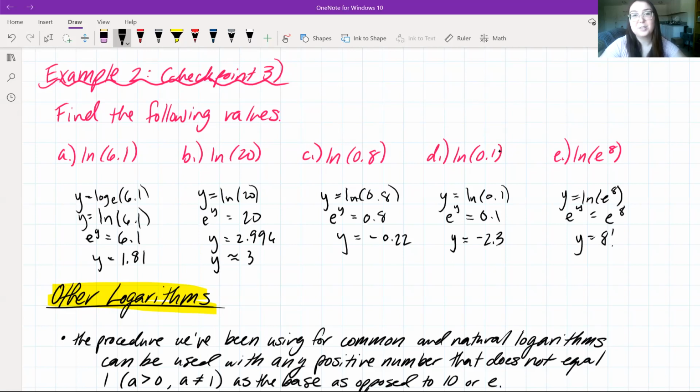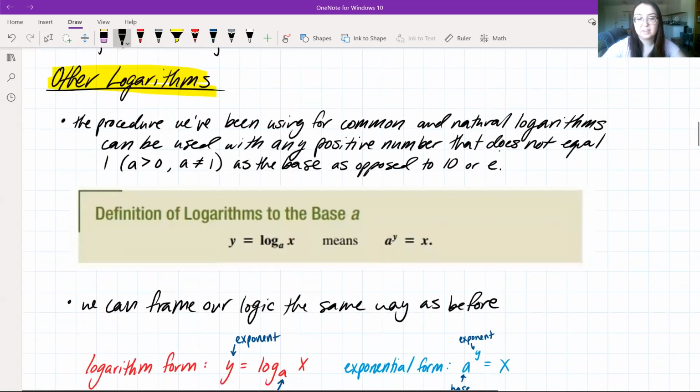Well, our answer is just going to be 8. Y is equal to 8. If it were the natural log of e to the 4th power, our answer would just be 4. And if our problem was the natural log of e to the x squared, we would just have x squared. So they essentially cancel each other out, and you're just left with whatever was in the exponent.